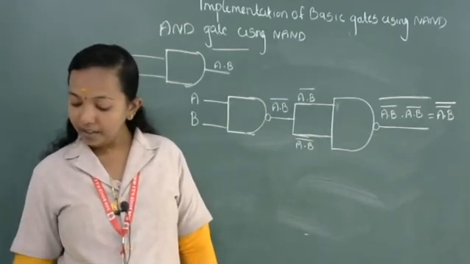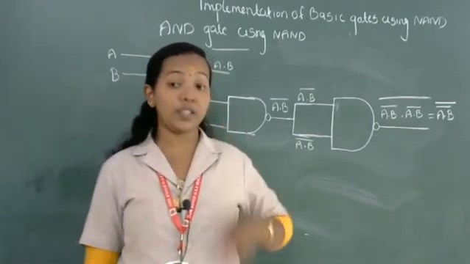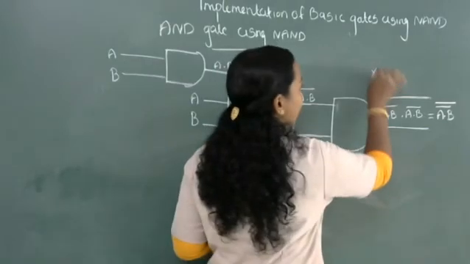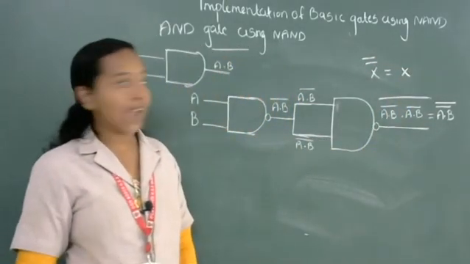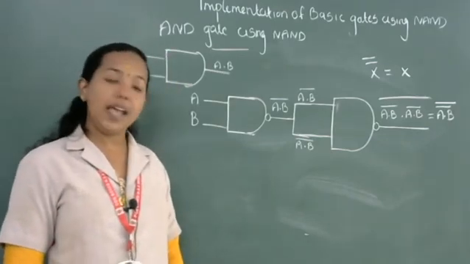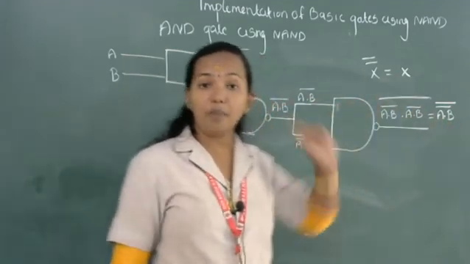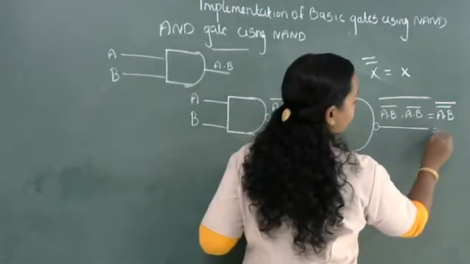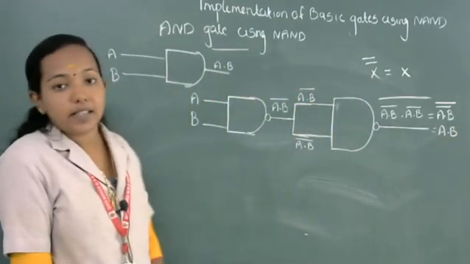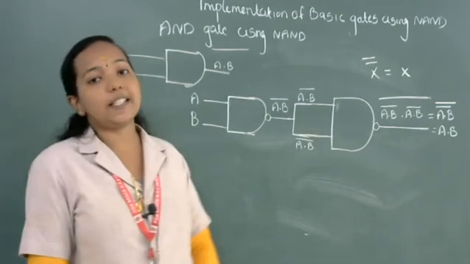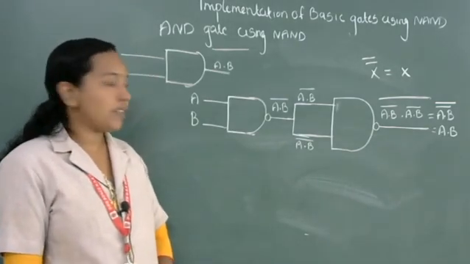So A dot B double complement is equal to A dot B itself. Hence the theorem is proved.